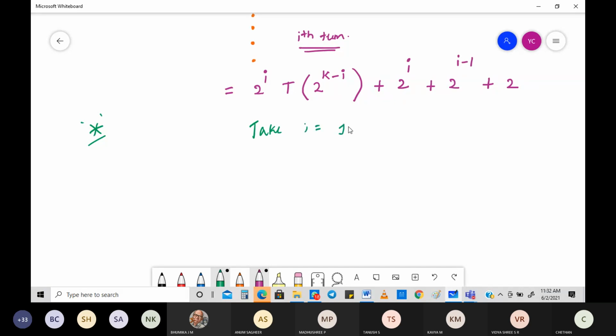If we take that, what is going to happen to this entire equation? 2K minus 1, because I have taken I as K minus 1. So you can see very clearly my 2 to the power of I has become 2 to the power of K minus 1. T of 2K minus K minus 1, plus 2 to the power of K minus 1.